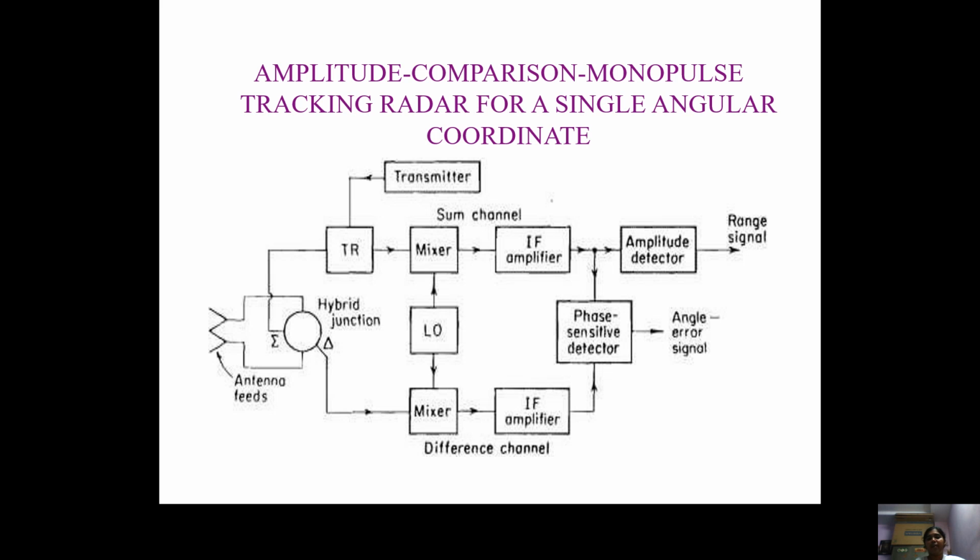In the difference channel, the received echo signal is mixed with the difference pattern. Here again the phase shift is maintained constantly with the help of the local oscillator, by eliminating the unwanted phase shifts.